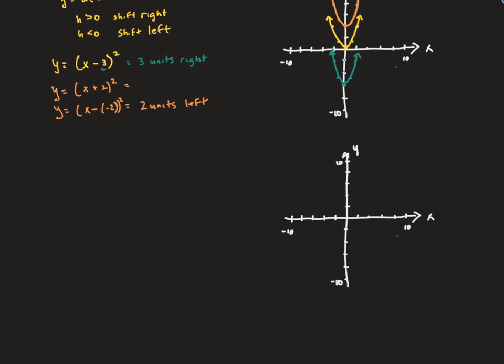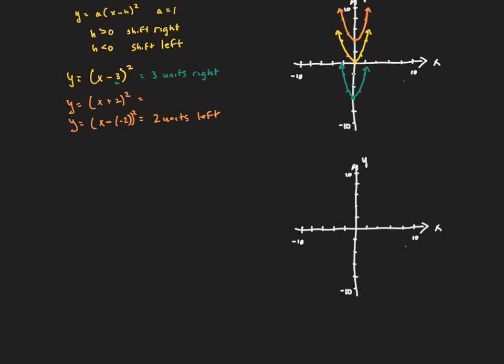So when we go to graph those, remembering that parent function, this is y equals x squared, and then when I go to shift left 3 units, I would go 1, 2, 3, and then have the same shape, just shifted left.